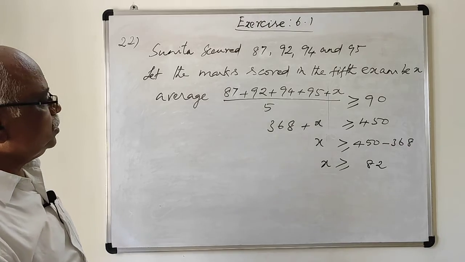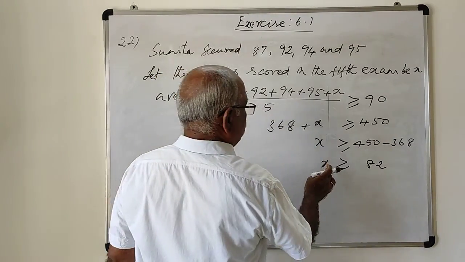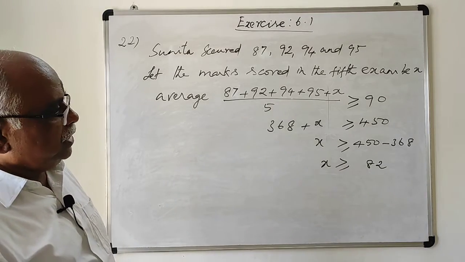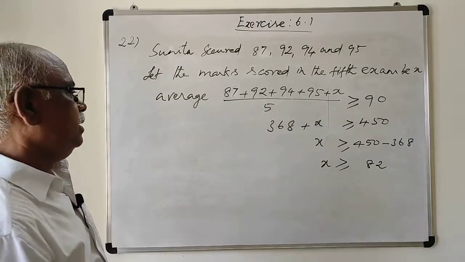That is the marks. Sunita should score at least 82 marks in the fifth examination so that she gets A grade.